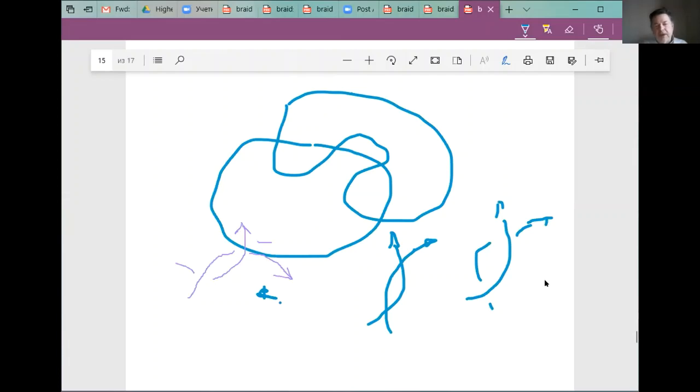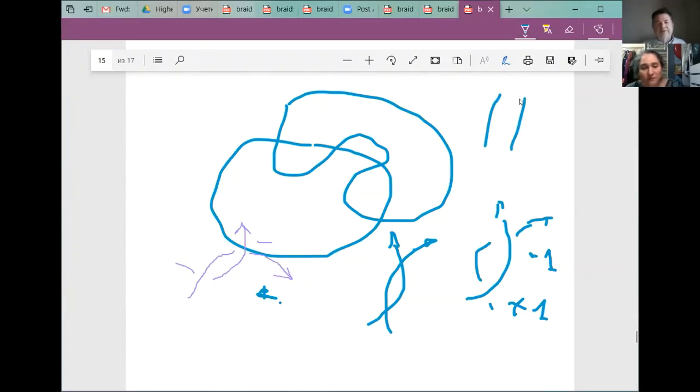This one is okay. So here I have -1, right? Yes. Because we are going in the overcrossing, go in the opposite direction. Here we are going in positive direction. And if we now put these two bars, you see that they are equivalent by Reidemeister 2. Here we have 0.